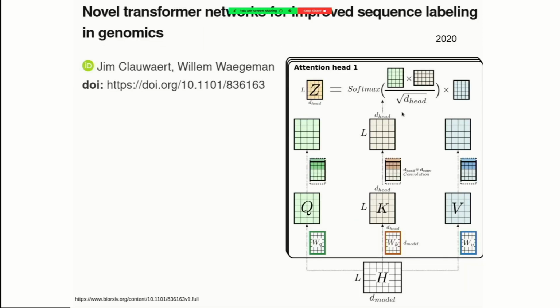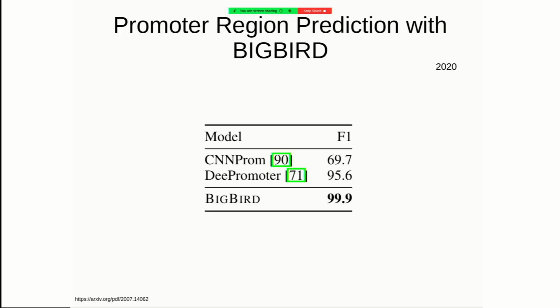Then that's one of the few papers which is using basically a transformer model for actually labeling sequence parts. So it's a supervised model as well. And then here's another one for promoter region prediction. That's also a supervised system. So basically it's just always sequence in, and then you get either a probability distribution per nucleotide or per n-mer or k-mer.